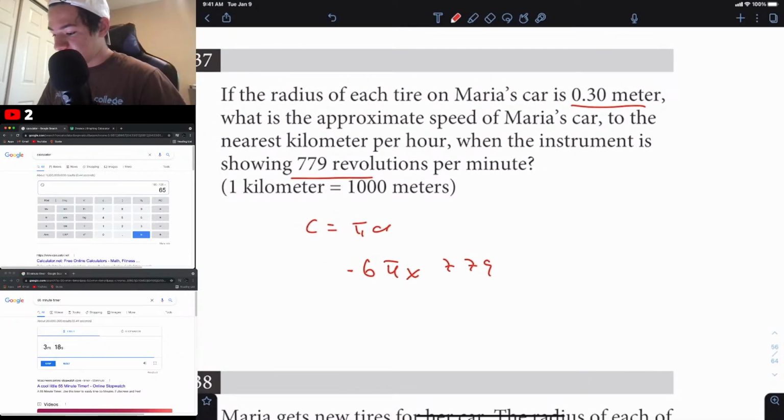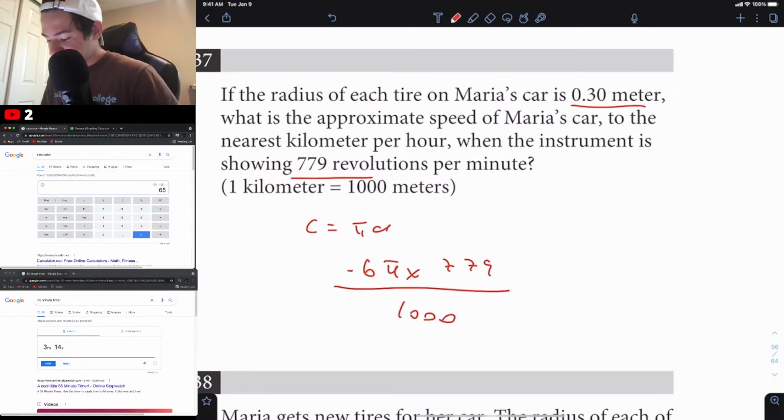And then we are going to divide this by 1,000 because we want it in kilometers. So we're going to do 0.6 times pi times 779.